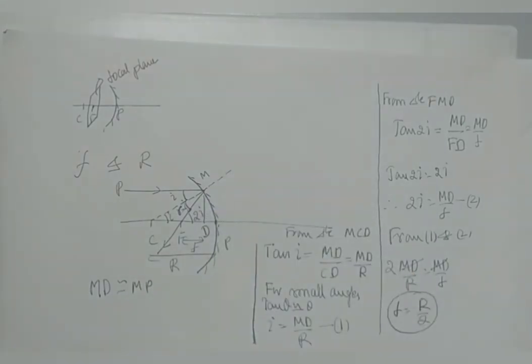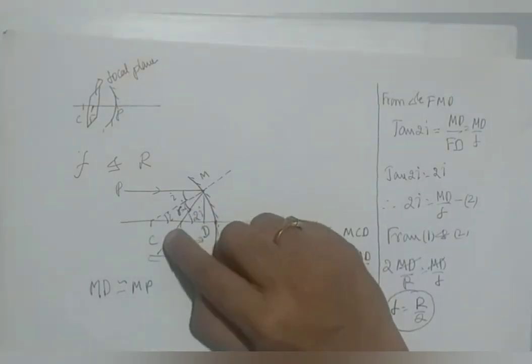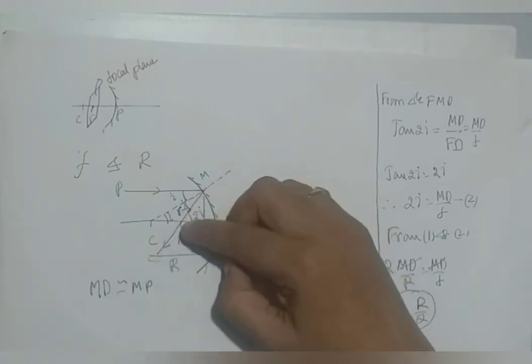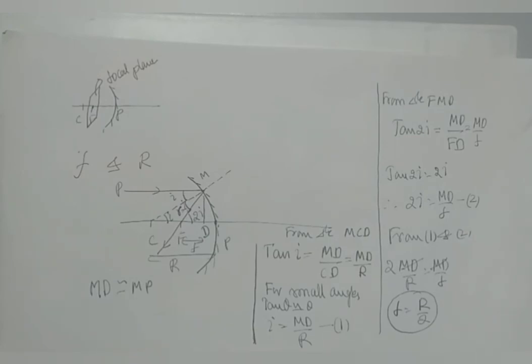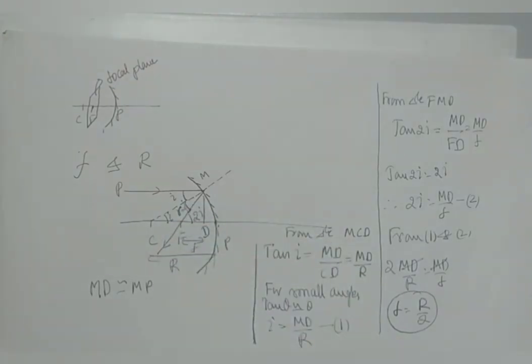That acts as the normal because it's a radius. Now, making the same angle, draw another ray MF, that is called the reflected ray, and that also makes same angle I, according to the law of reflection.